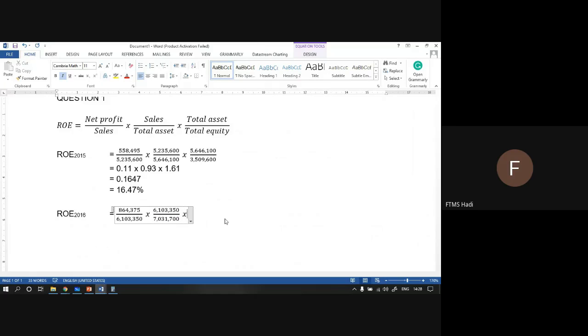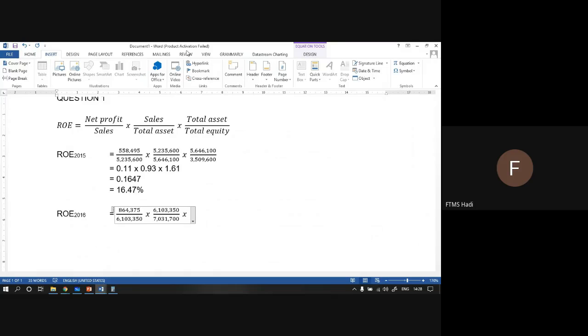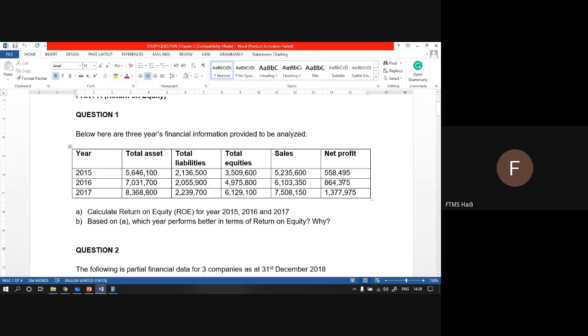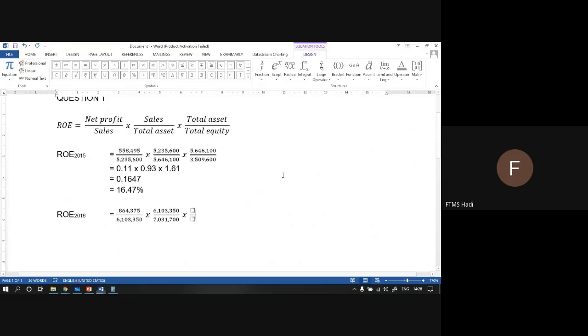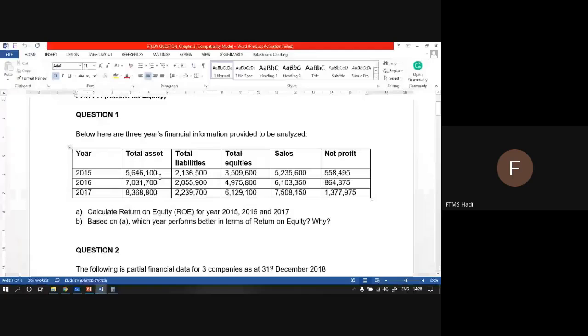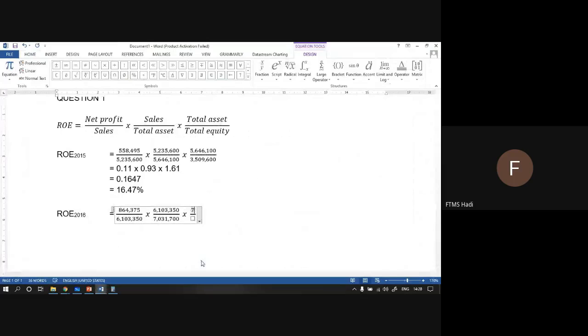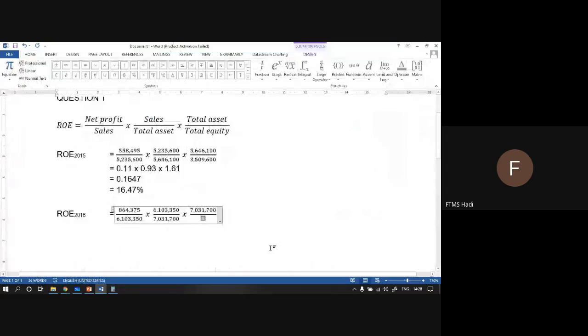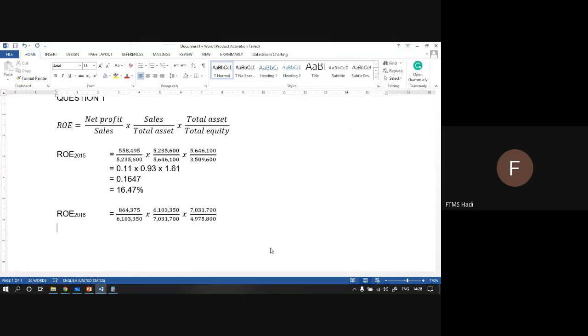And then multiply by the last part, which is total asset divided by total equity. So total asset is here, total equity is here. All right, 7031700 divided by total equity 4975300. Okay, done this one.